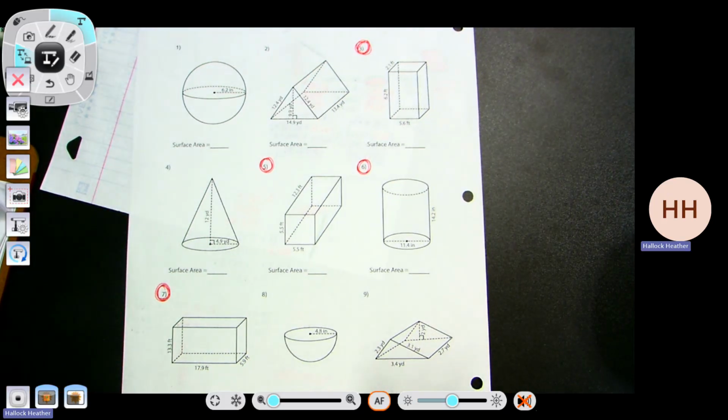So 3, 5, 6, and 7. You let me know if you get stuck. Yours is not late or anything because we were absent. Is it homework? Yes, if you don't finish your homework.